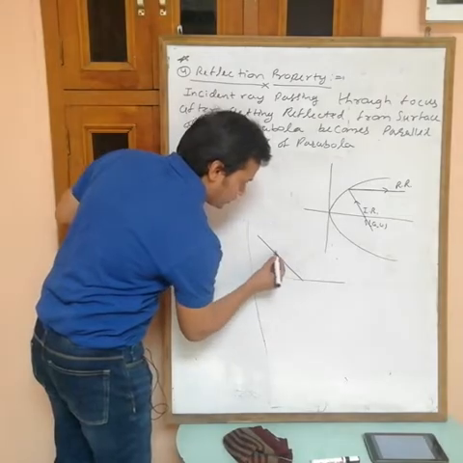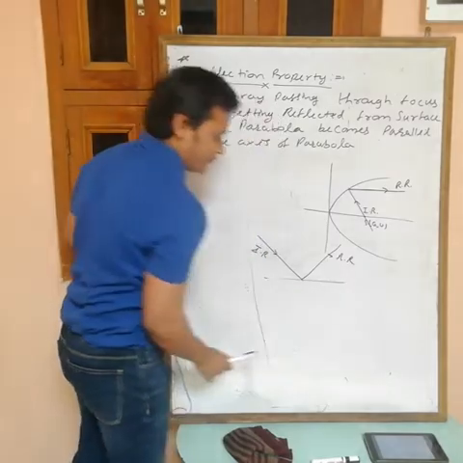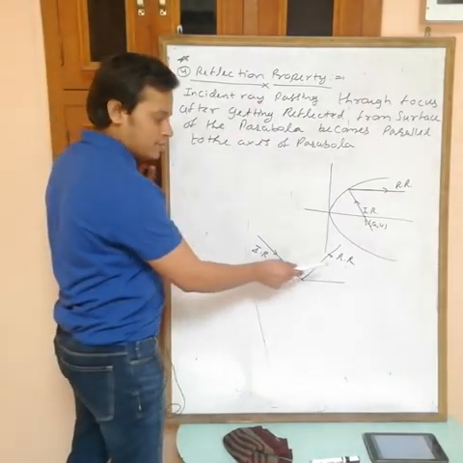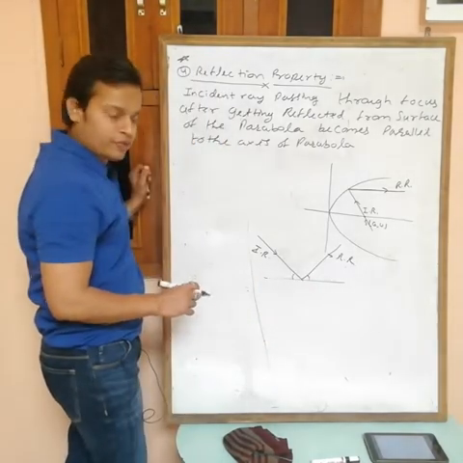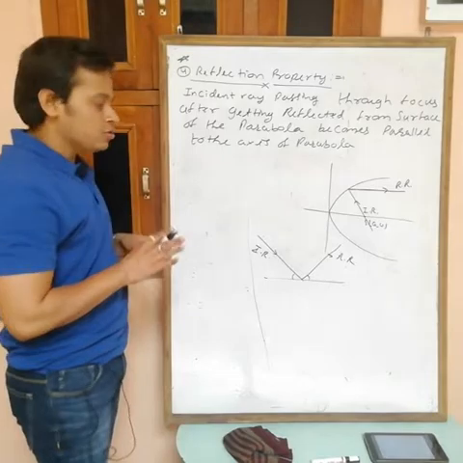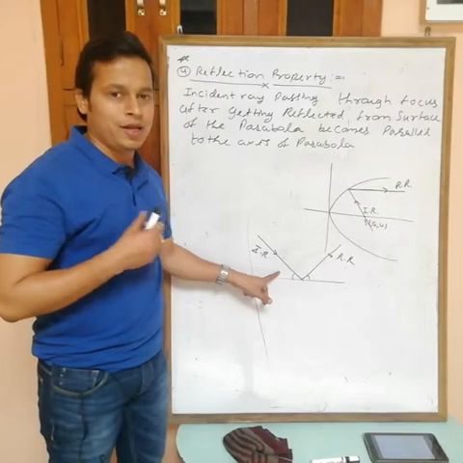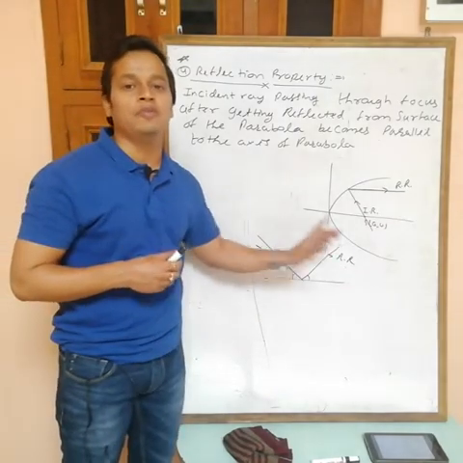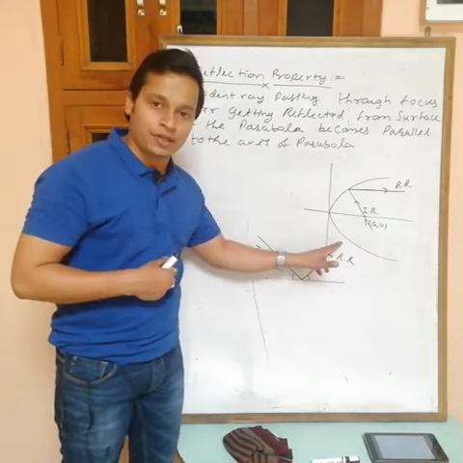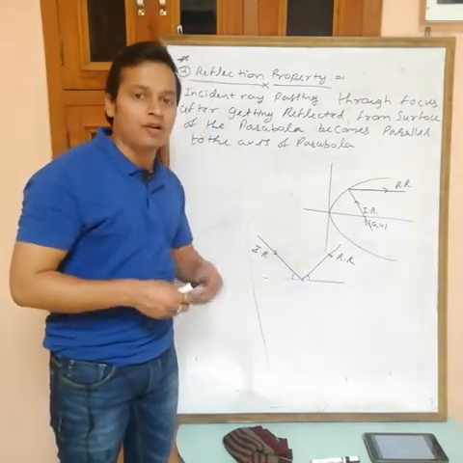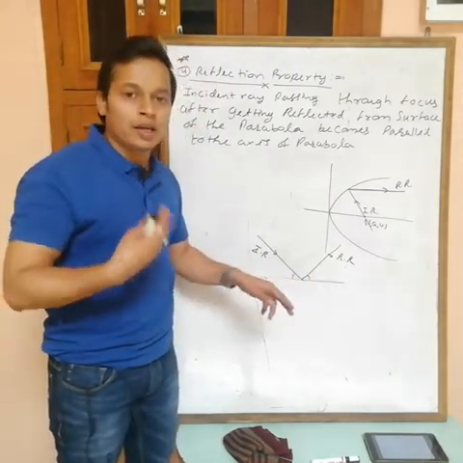If this one is the incident ray and this one is the reflected ray, then we can say this angle is equal to this one. The angle of incidence and reflection is the same.